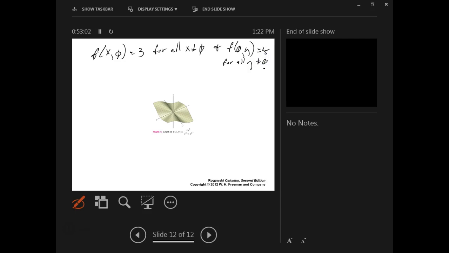Okay? What can you conclude about the limit as x, y approaches 0, 0 of f of xy? That's supposed to be conclude, I don't know if you can read that or not.